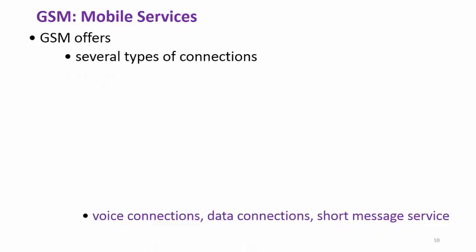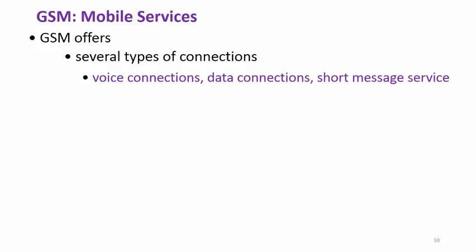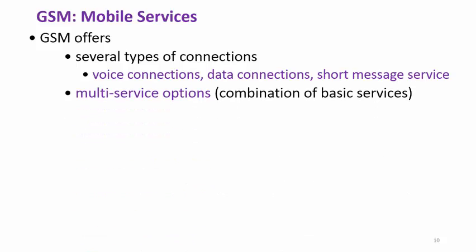Then we will see the services offered by this GSM. GSM offers several types of connections: voice connection, data connection, and short message service. So both circuit and packet related services are offered by GSM.